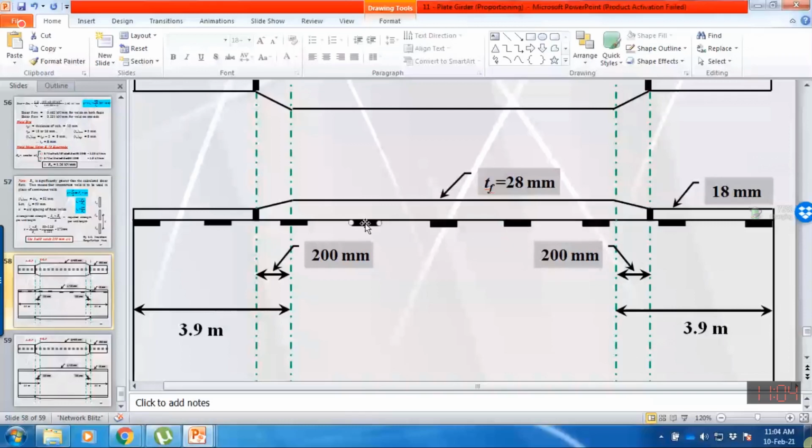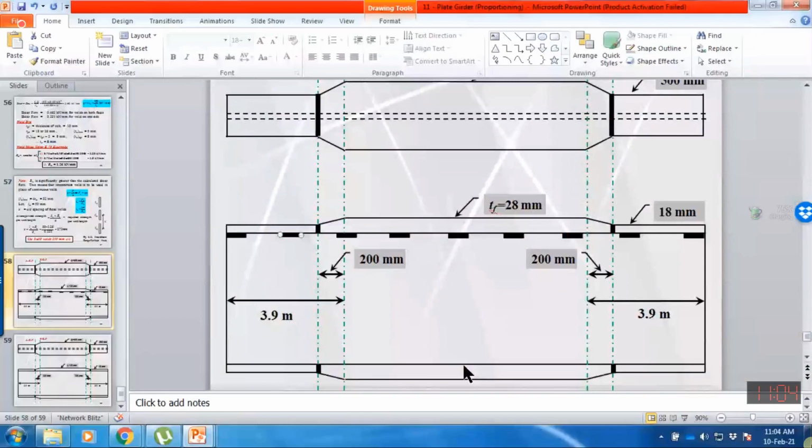So this is how we provide the weld. Intermittent weld is provided on both sides and also to the bottom side.